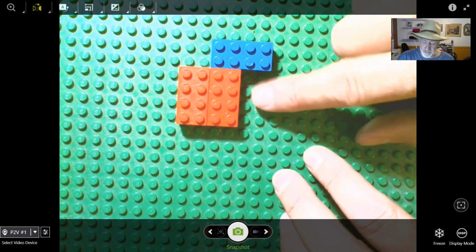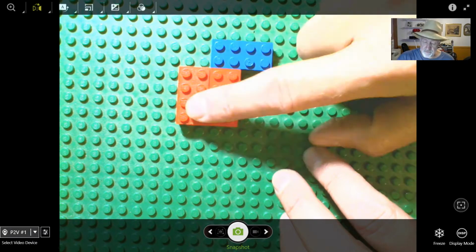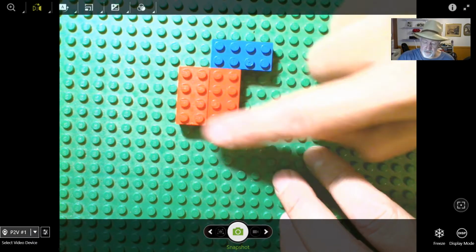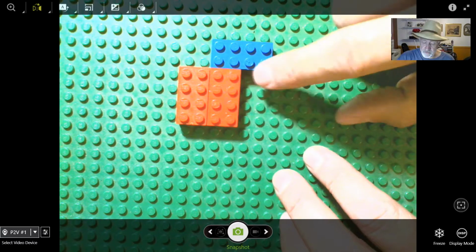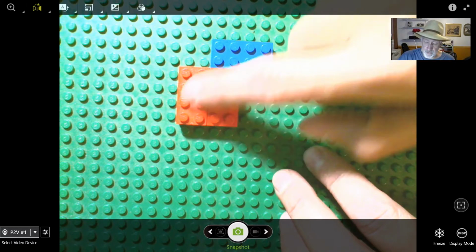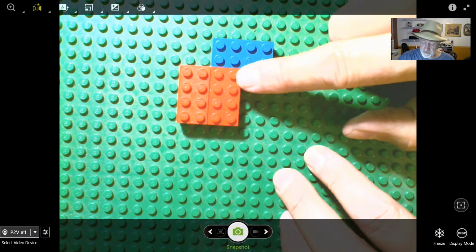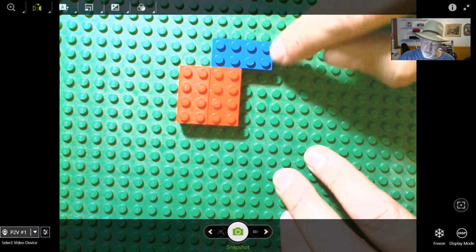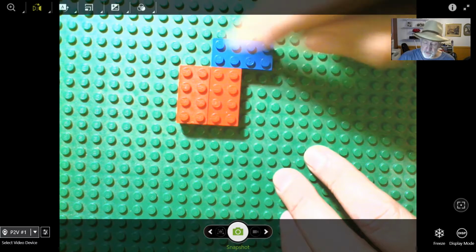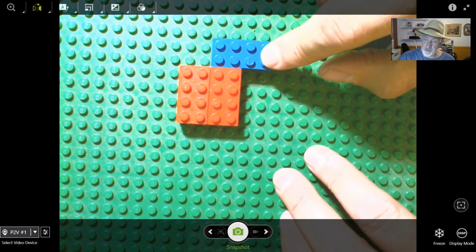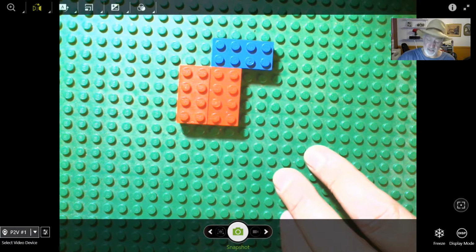So if we're looking at the total area of these three pieces of this irregular shape, one thing I could do is say, okay, here is a square that is 4 by 4, and 4 by 4 is 16, and here is a rectangle that is 2 by 4, and 2 by 4 is 8, and so my total area is 16 plus 8, or 24.